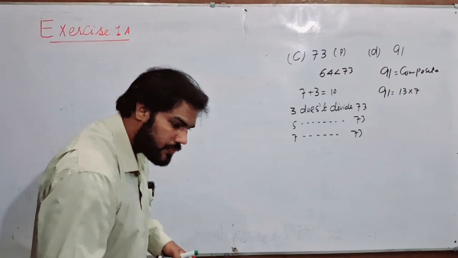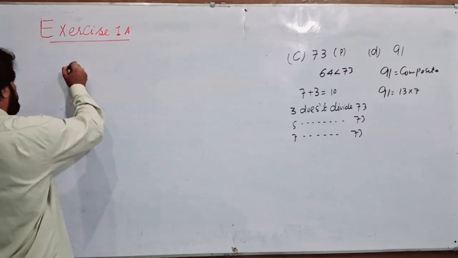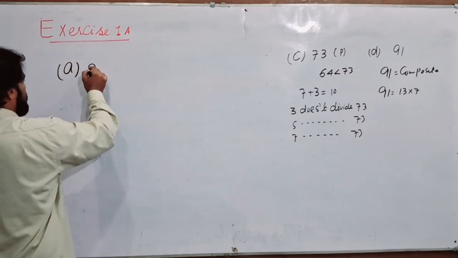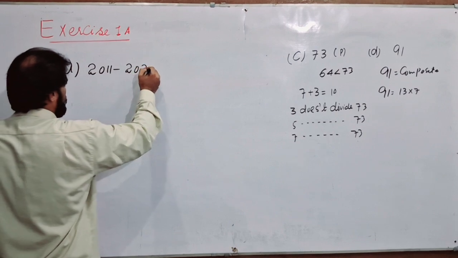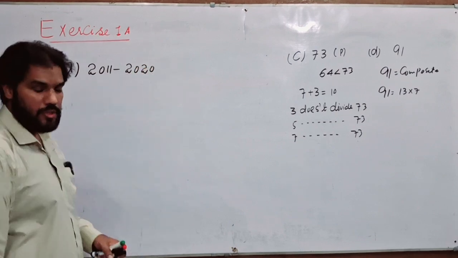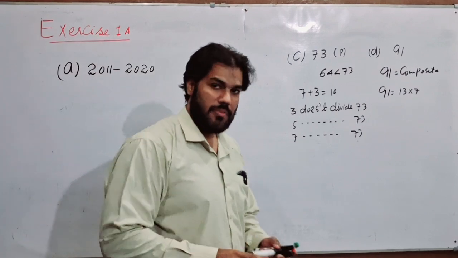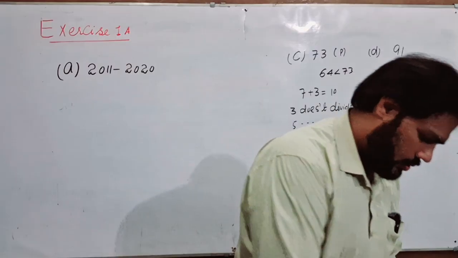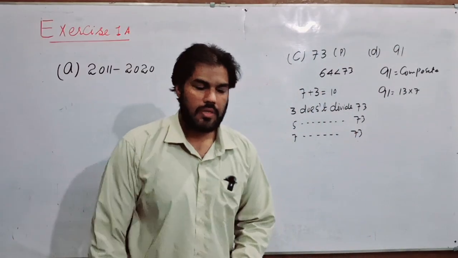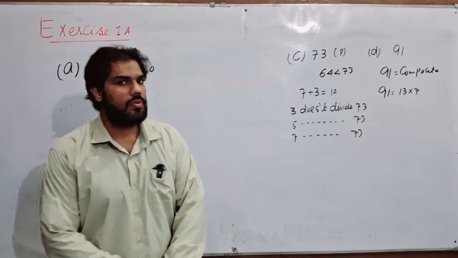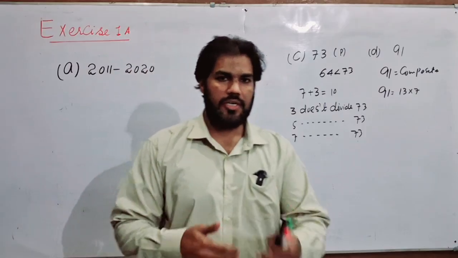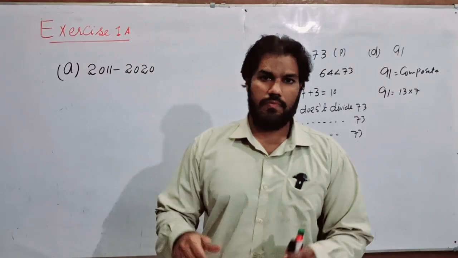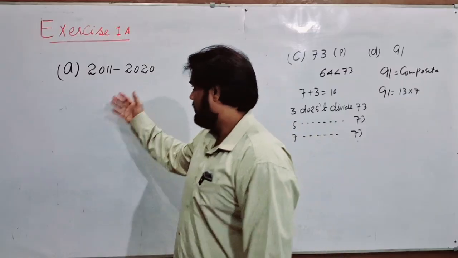The first decade is 2011 to 2020. You have to check which of the years is a prime number among these decades. Remember that there is no direct short trick to identify which number would be a prime number among these numbers.